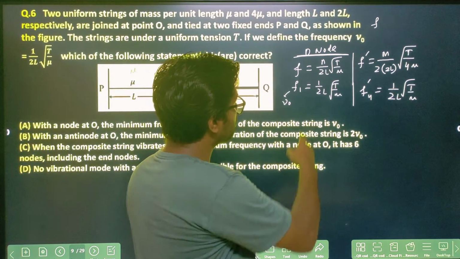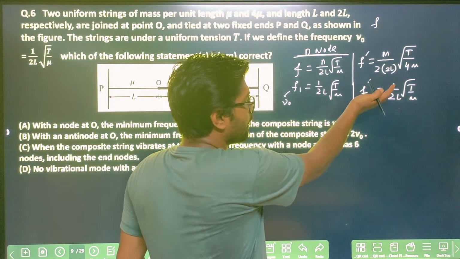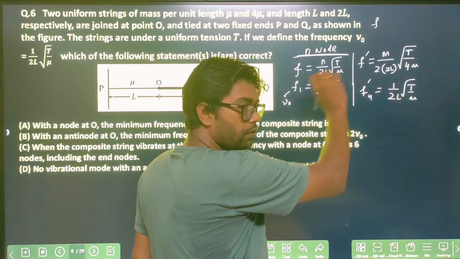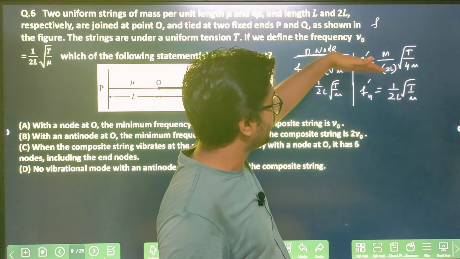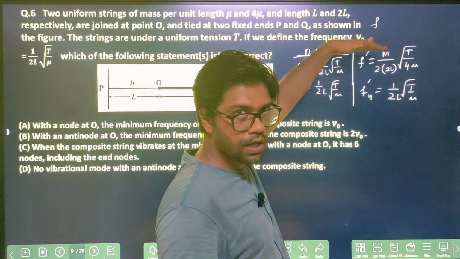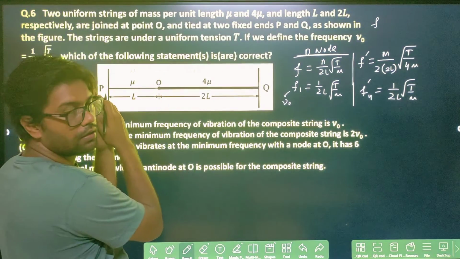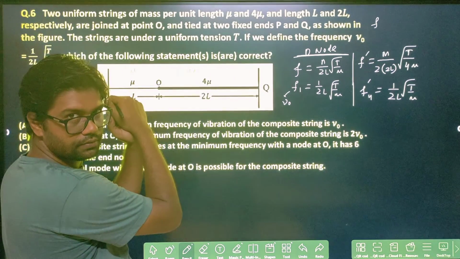So the minimum frequency will then be mu naught, because below f4 dash, that is f dash 3, f dash 2, f dash 1, this string cannot vibrate. Only this string can vibrate.